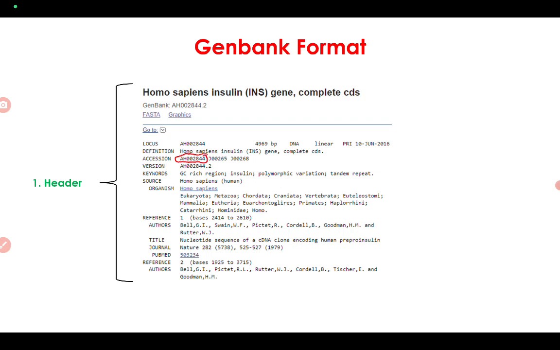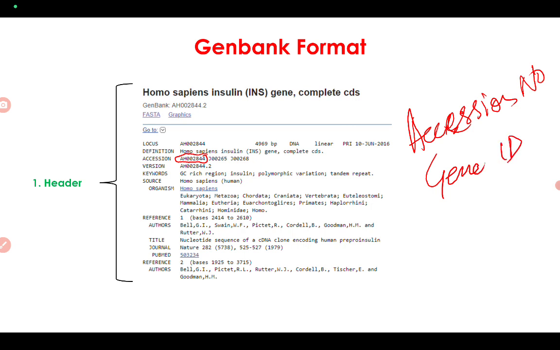One thing I want to tell you is that there are three different terms most commonly used in bioinformatics related to these formats. One is known as accession number, another is known as gene ID or GI number, and another is known as version number.